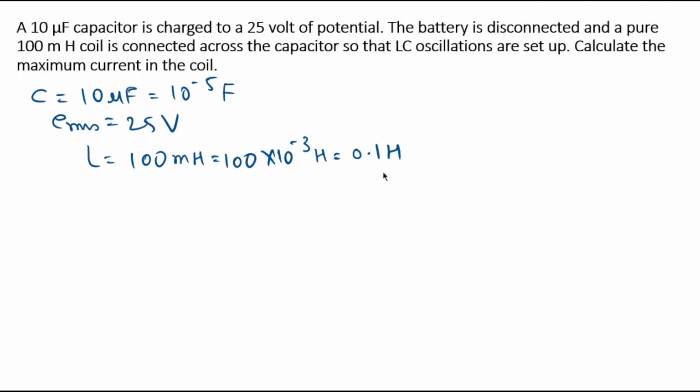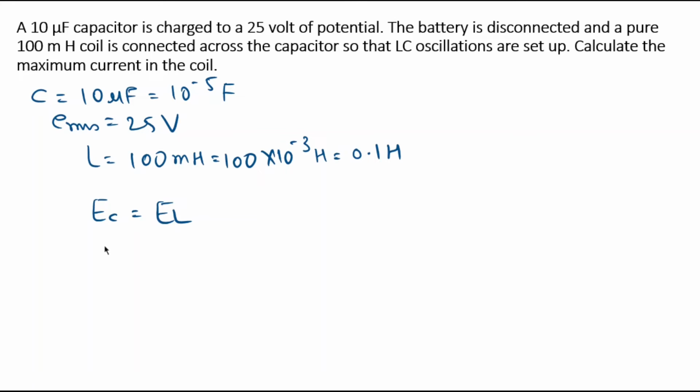Now when the battery is disconnected and the inductor is applied at that place so that LC oscillations can happen, we can say that the energy stored in the capacitor will be equal to energy stored in the inductor, that is EC will be equal to EL from the conservation of energy perspective.